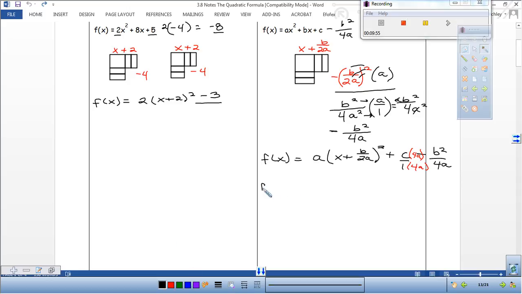Okay, so I'm going to get f of x equals a times x plus b over 2a, the whole thing squared. Then I'm going to have plus 4ac all over 4a, and then minus b squared over 4a.